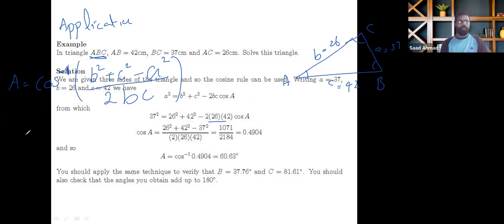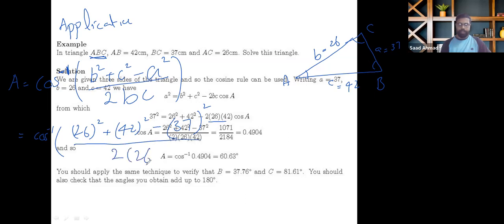So we put cos inverse. Now B, what is B? Here, B is 26 squared. What is C? C is 42 squared, minus A. What is A? 37 squared, over 2 times 26 times 42.